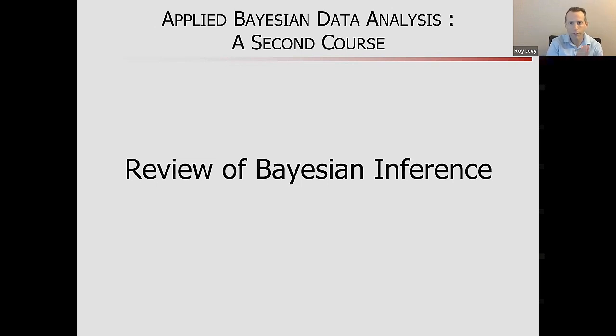For some of us, this is a refresher of things we might have learned, maybe in the first course that was offered through Statistical Horizons on Bayesian inference. For others of us, this might have echoes of things we learned about in other coursework, or in some other exposure to Bayesian methods, like doing projects or doing analyses or reading about Bayesian methods.